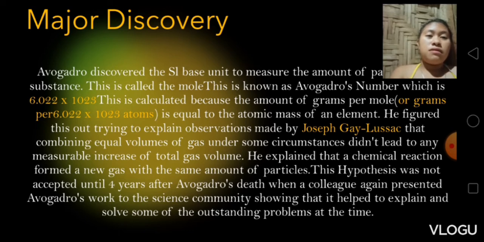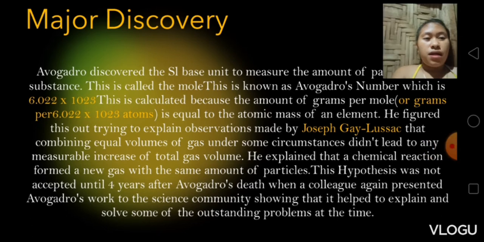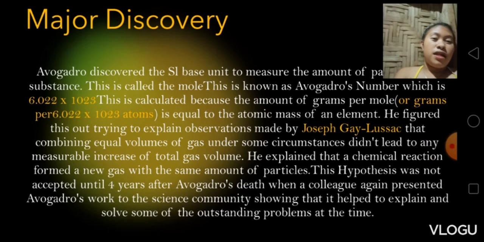And he explained that a chemical reaction formed a new gas with the same amount of particles. This hypothesis was not accepted until 4 years after Avogadro died, to explain and solve the outstanding problem at the time.